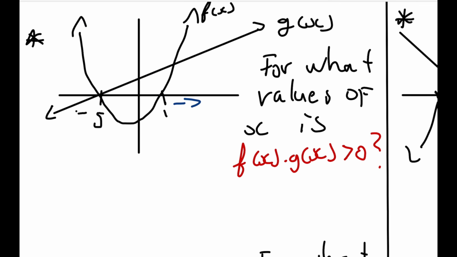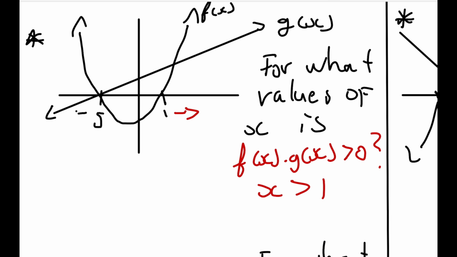But the minute you pass an x value of 1, you will notice that now both the graphs are above the x-axis. So it is everything to the right of 1 that we observe both graphs being above the x-axis. To the left of 1, it's either one's above and the other's below or the other way around.